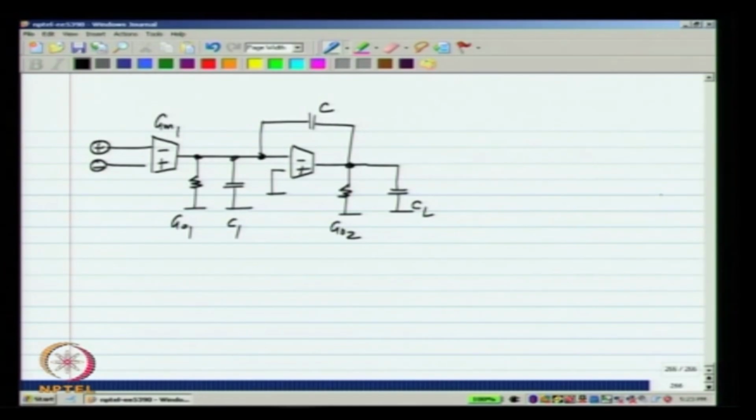Now, what is the transfer function that we had for this, for V naught divided by the difference voltage Vd or the error voltage Ve?